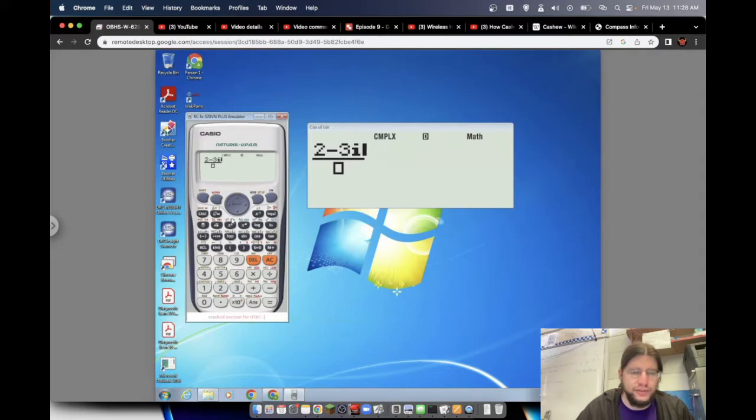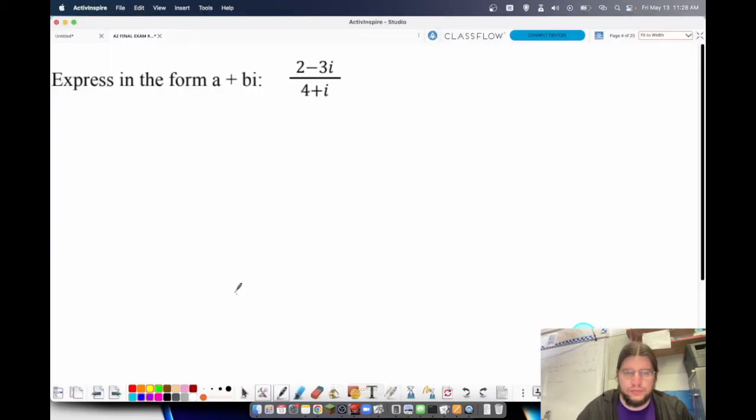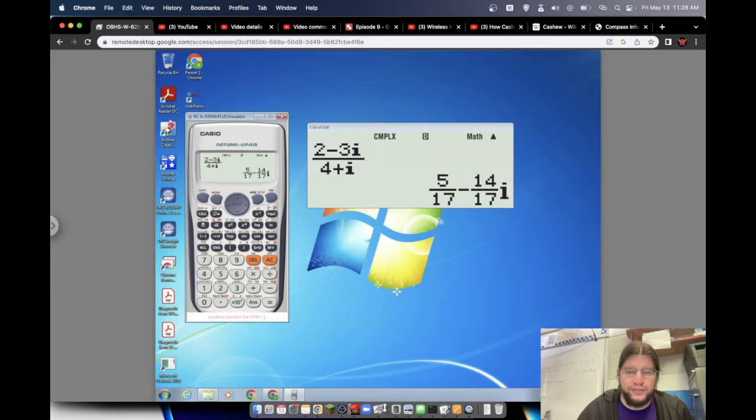Don't have to hit shift or anything, just hit the i button. Over 4 plus i. Hit equals, and there you go. That's it. It simplifies it for you. 5/17 minus 14/17 i.